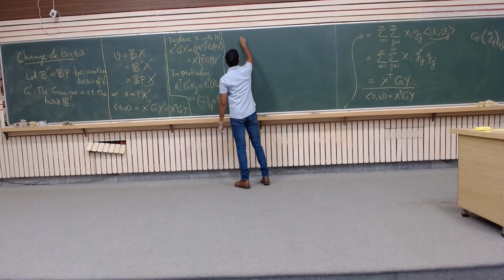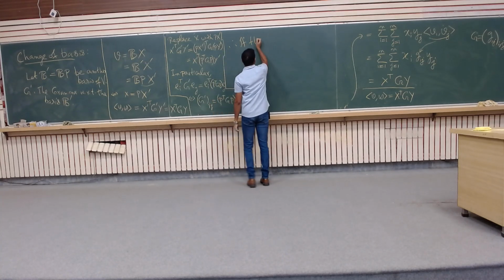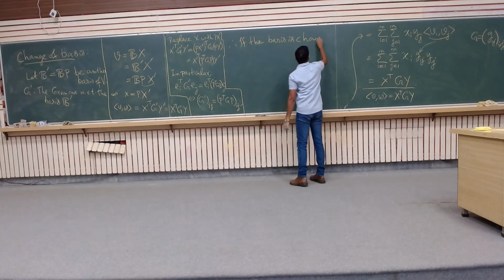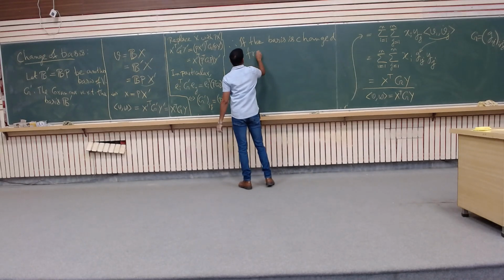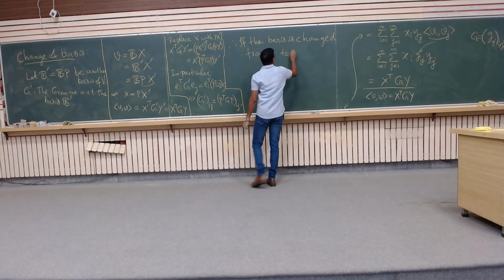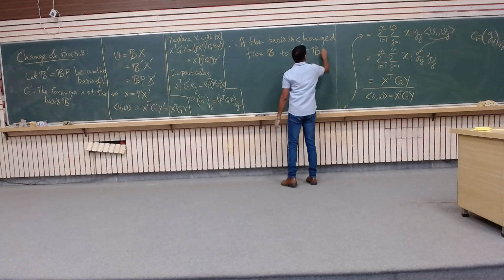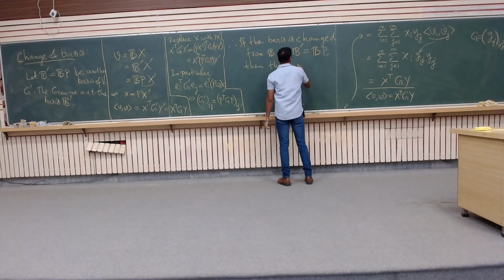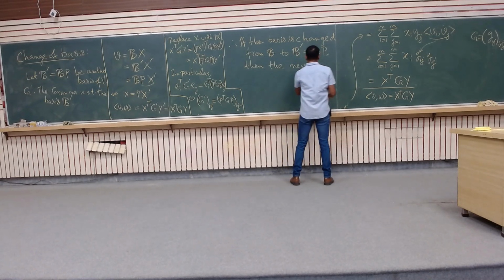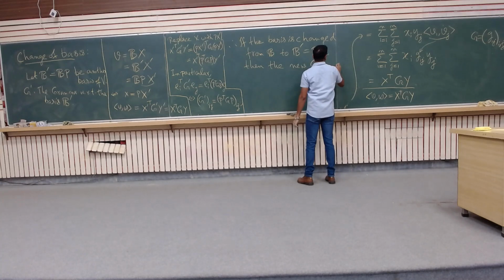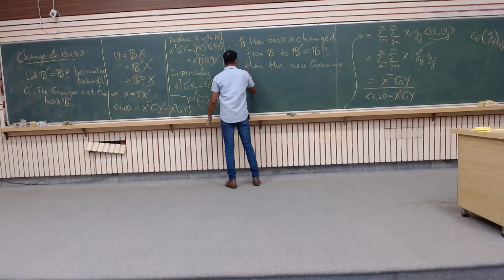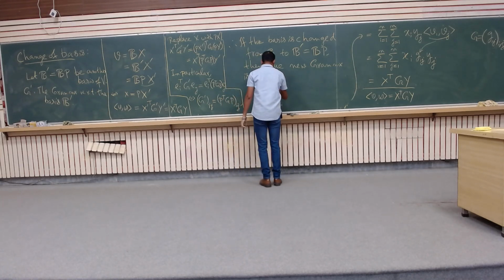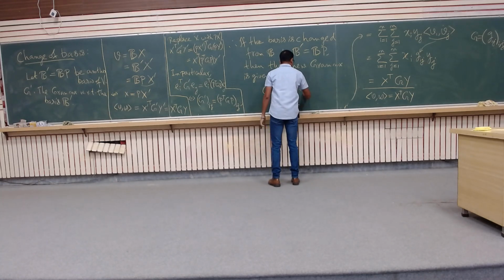Therefore, if the basis is changed from B to B dash equal to BP, then the new gram matrix is given by G dash defined as P transpose G P.